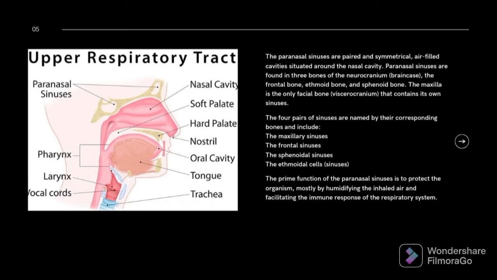So that relatively clean, warm and moist air goes from your nasal cavity into your pharynx, or throat. The region connecting to the nasal cavity is called the nasopharynx, and the part connecting the pharynx to the oral cavity is the oropharynx.